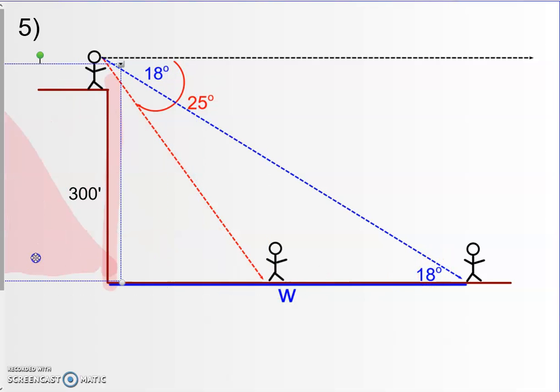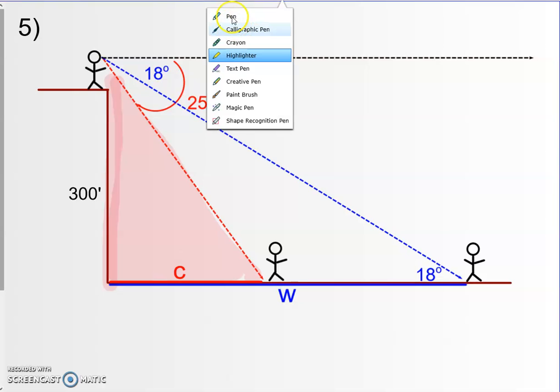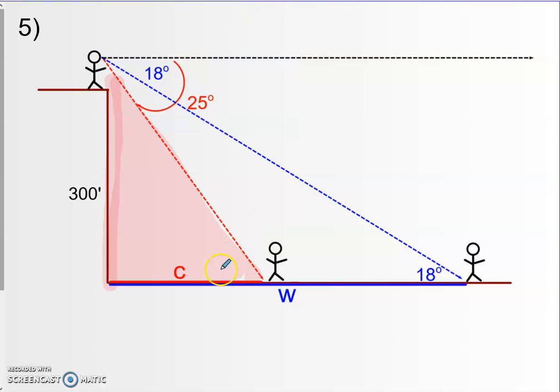Camille's distance to the base of the cliff, C, is right there. And again, for Camille, we happen to know that this angle right here is 25 degrees, because, again, that geometry, these are alternate interior angles.